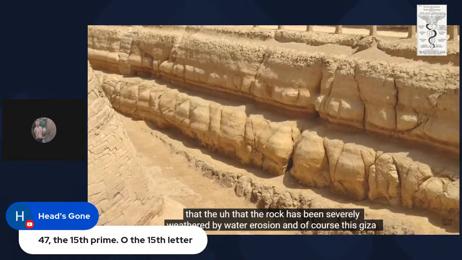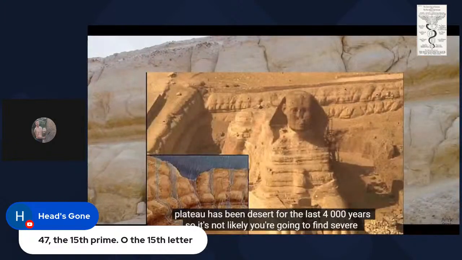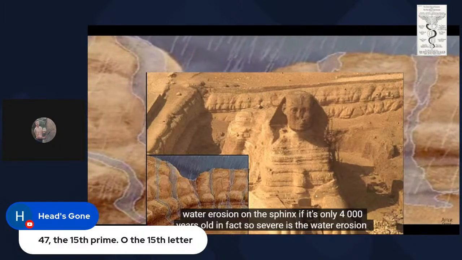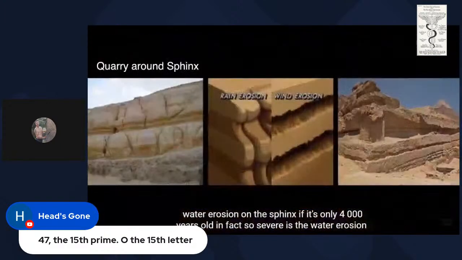And of course, this Giza Plateau has been desert for the last 4,000 years, so it's not likely you're going to find severe water erosion on the Sphinx if it's only 4,000 years old.